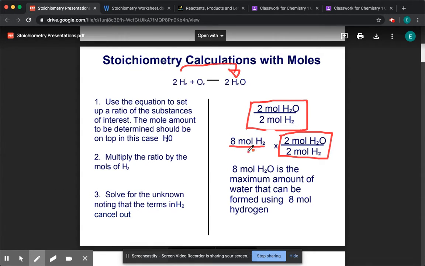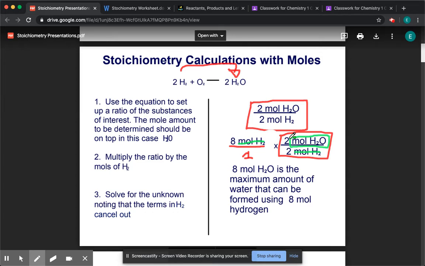The reason I'm doing this is just to make what I'm saying a little more clear. When you multiply fractions, you multiply straight across. You get a new fraction, and the moles of H2 are going to cancel, and you're going to be left with just water. So that's why what you're converting to goes up top, and what you're converting from goes on the bottom.